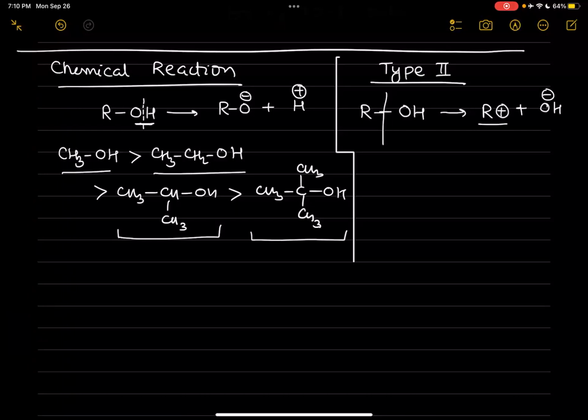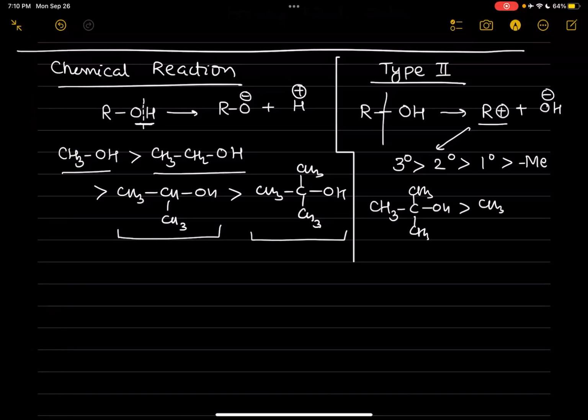Under these circumstances, the ease of this type of reaction will be maximum for the tertiary alkyl group, followed by secondary, followed by primary, and followed by methyl. I have said this whole thing in a condensed manner. What it means is the tertiary alcohol is going to remove its OH very easily, followed by your secondary alcohol.